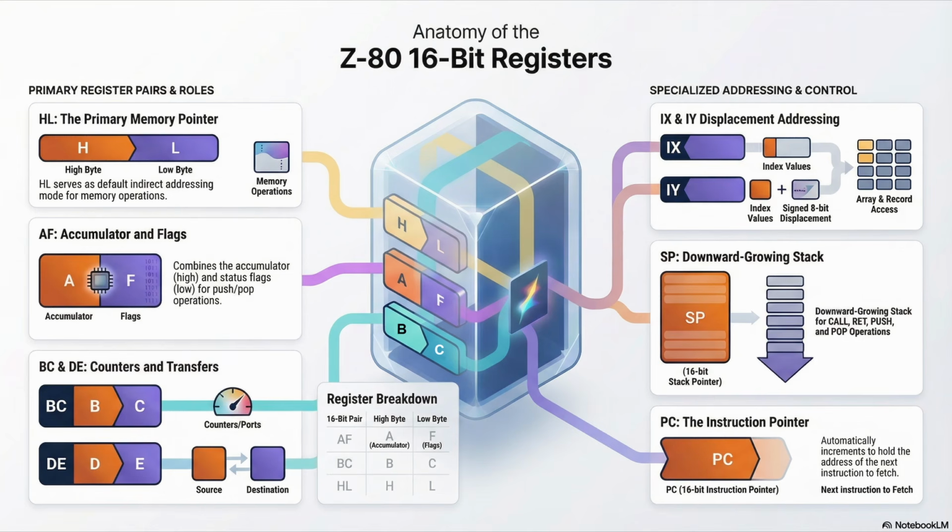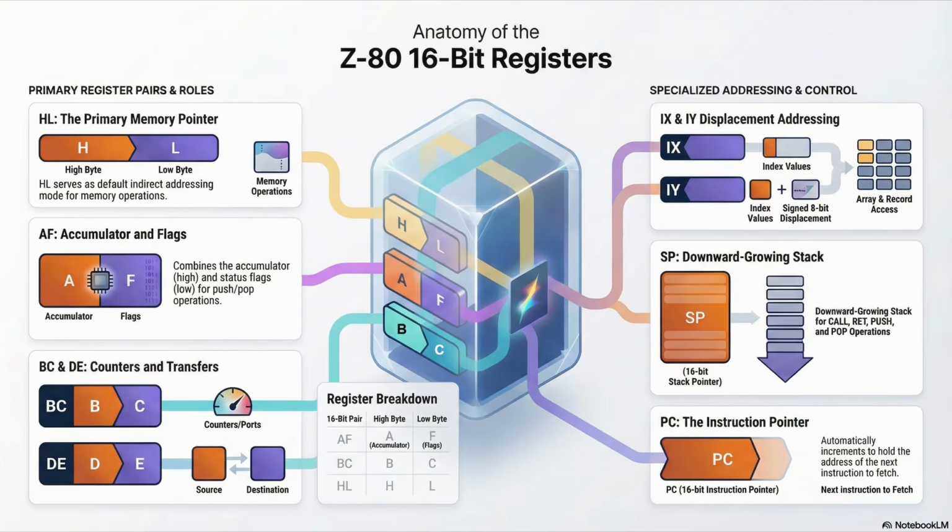The primary pairs are AF, the accumulator and flags, often used to push or pop the current status. BC, a 16-bit counter or pointer, also used for input-output port addressing via the C register. DE, frequently a source or destination for block transfers.